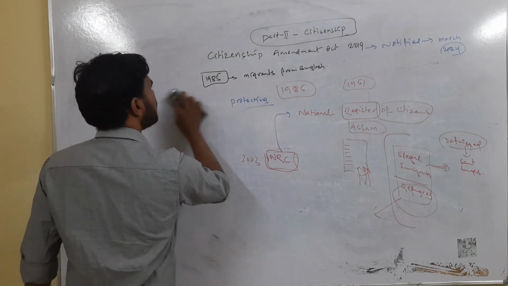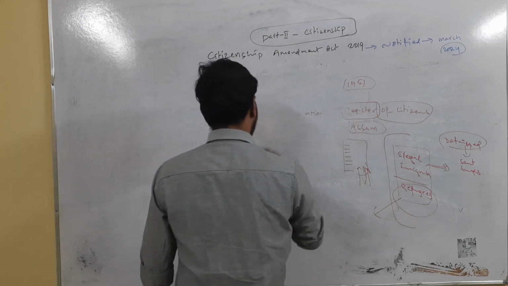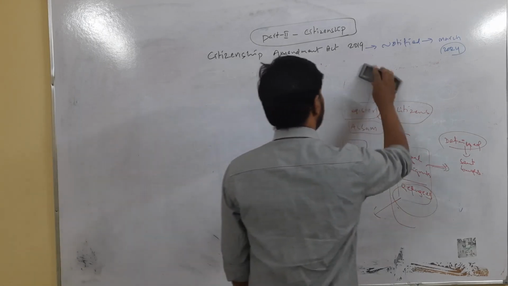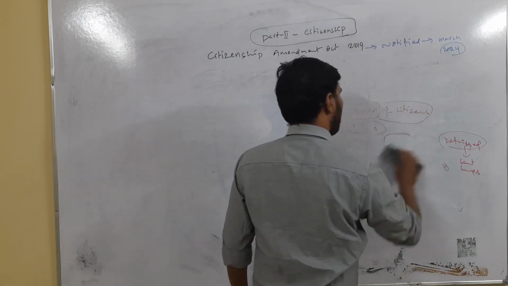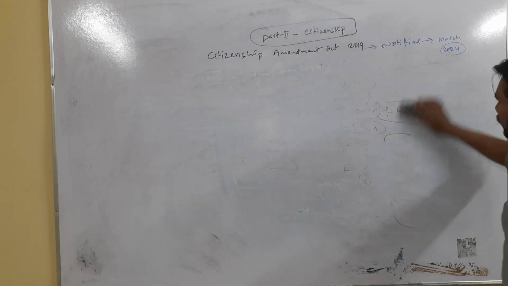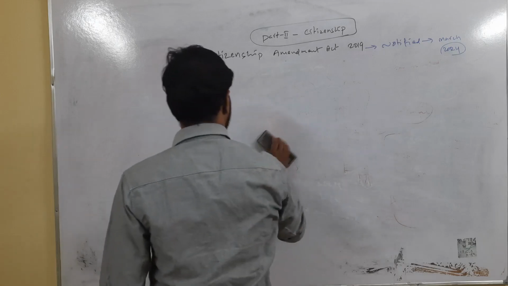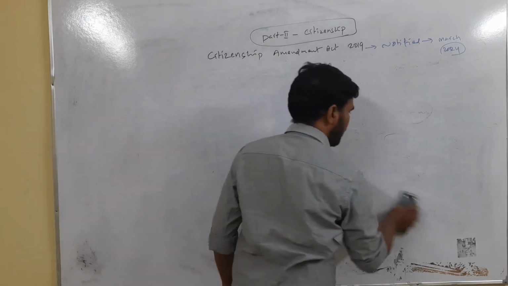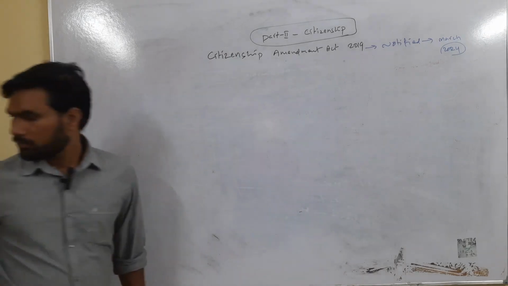I hope you have understood the 2003 amendment to the 1985 amendment, the purpose of these amendments, and the issue of illegal immigrants. With this background, you will better understand the Citizenship Amendment.